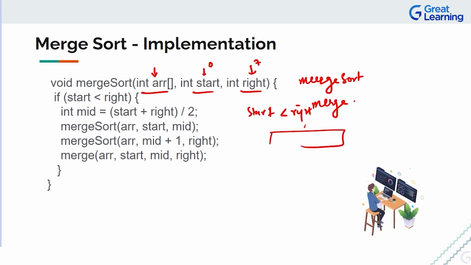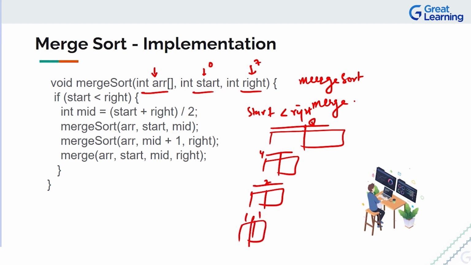That is, first it will be 8 elements, then we'll be dealing with only 4, then with only 2 elements, and finally we'll be dealing with 1 element, and that's it, right? So this function will be called again and again unless and until your start is less than right.